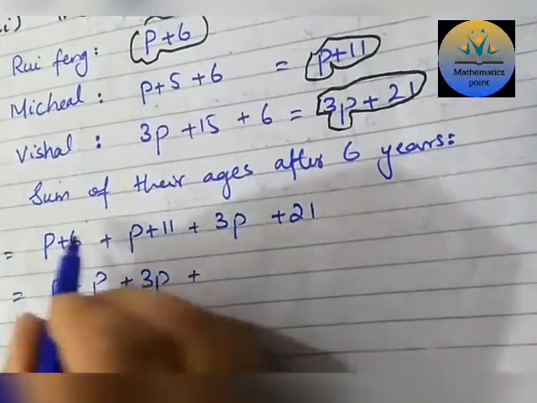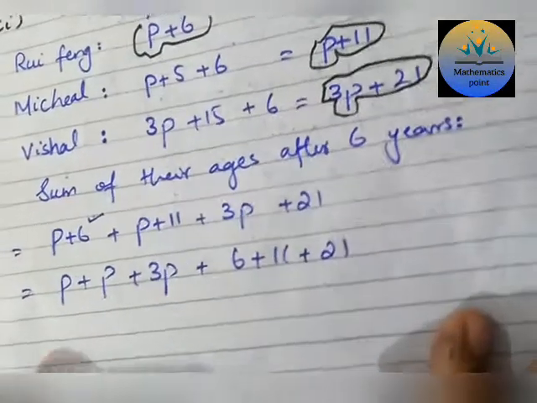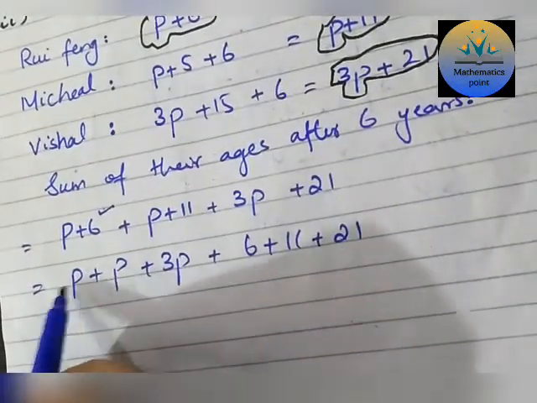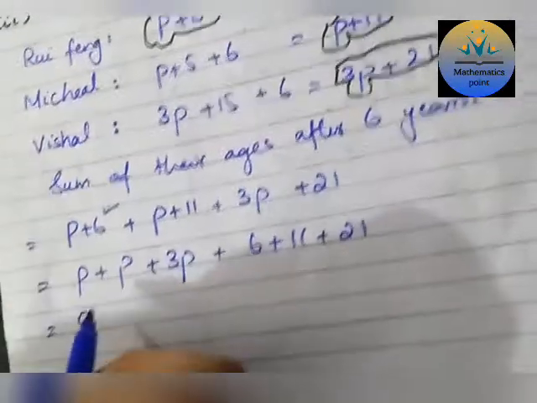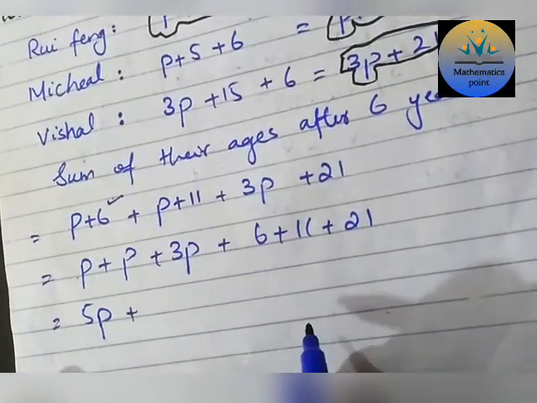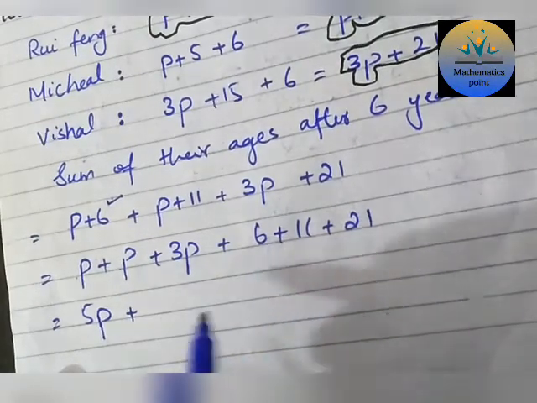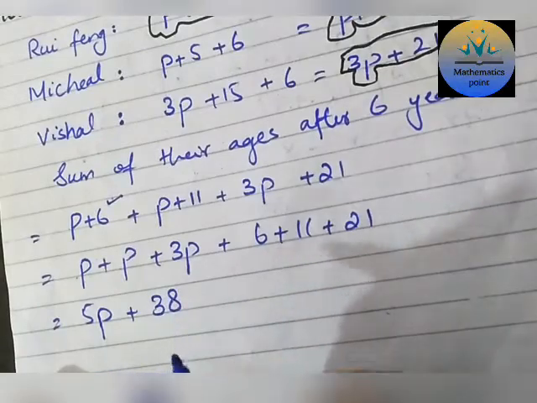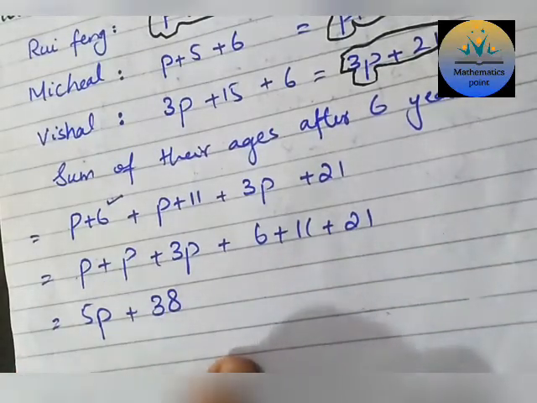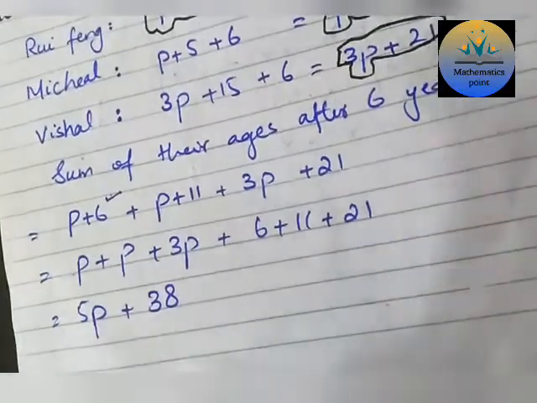Then the constants, here we have 6 plus 11 plus 21. So we have 5 p's, and then 38. That will be the sum of their ages after 6 years.